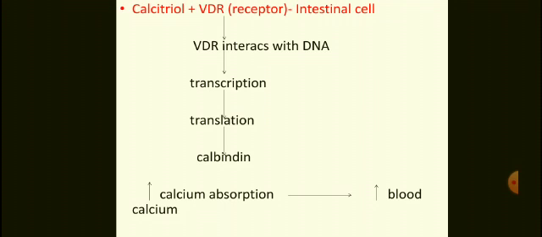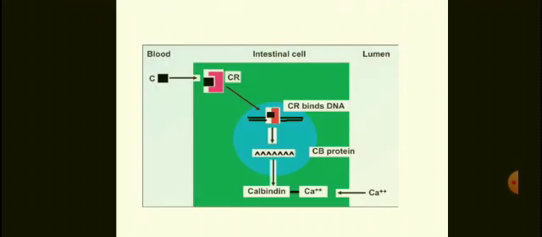In the intestinal cell, calcitriol binds with the vitamin D receptor, and this complex interacts with the DNA, and it leads to transcription and translation, thus synthesizing the protein calbindin, and this calbindin increases calcium absorption, thereby it increases the blood calcium level.